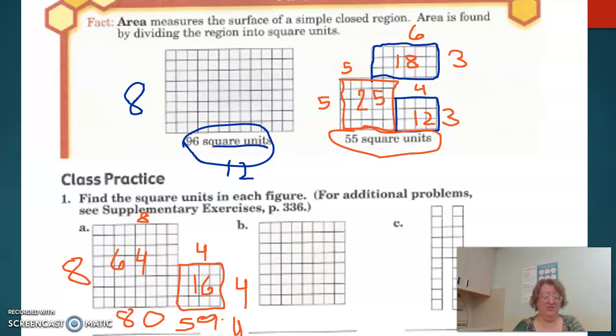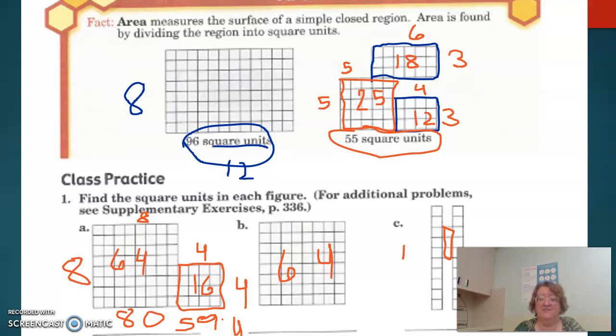All right, that question should be completed. And that one was quite simple because it had the same amount of length and width. So your answer should have been 64 square units. All right, go ahead and do letter C. And for this one, you actually could just do the inside right here.